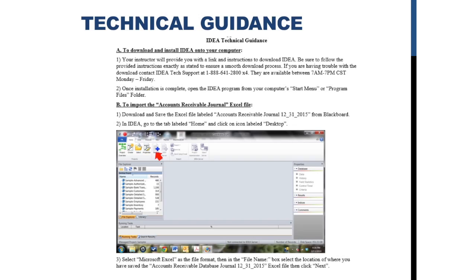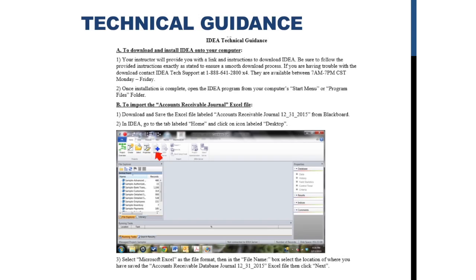And the technical guidance was very direct. It did not give students the answers, but it pointed to areas where they could go and start each part of the project. So we didn't give them the answers, but we did tell them where to click.